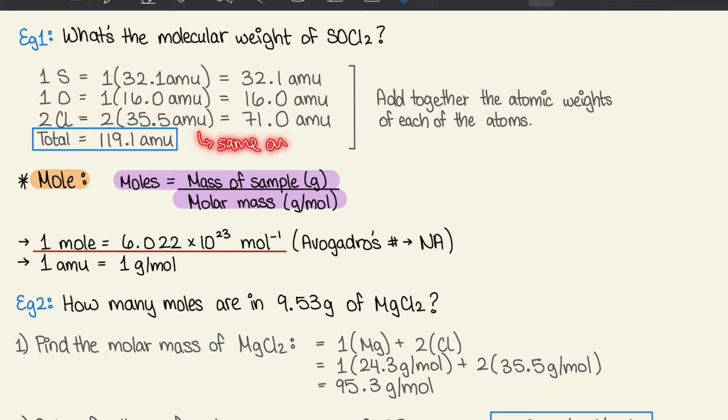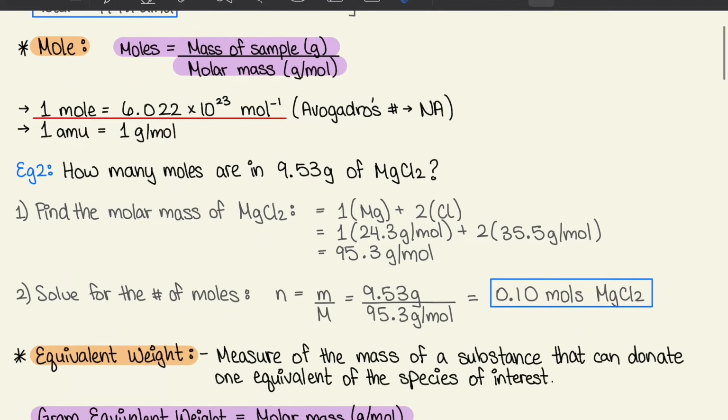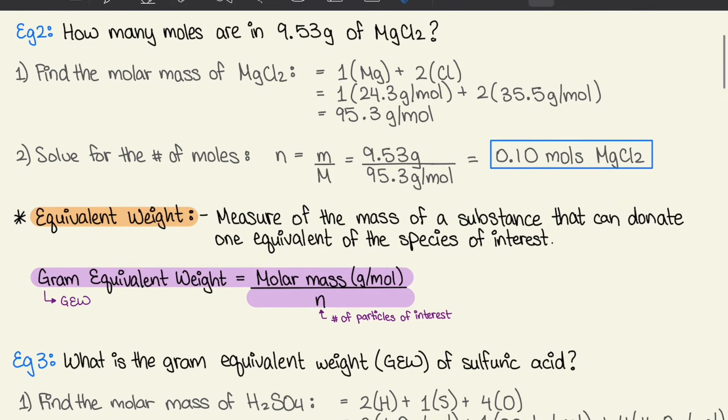So I have another example here for us. It says, how many moles are in 9.53 grams of MgCl2? So the first thing we have to do is find the molar mass of MgCl2, so the overall compound. And we're going to go with 1 mole of Mg plus 2 moles of chlorine.